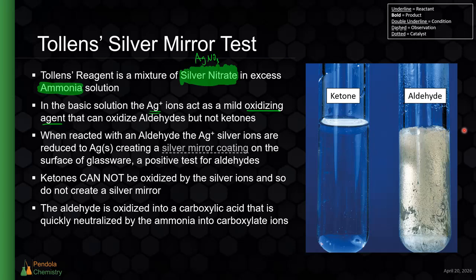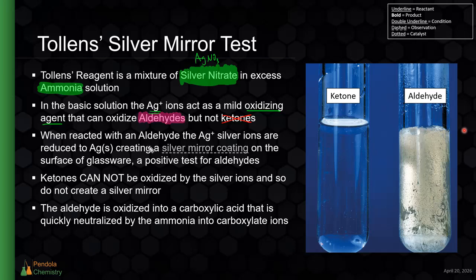When it comes to oxidation reactions, we know that aldehydes can be oxidized, because they can be oxidized into carboxylic acids, as we saw with the alcohol chapter and earlier in this chapter. But ketones cannot be oxidized. Ketones have no further oxidation, which is also the reason why we don't need to distill them when we're oxidizing alcohols. Because ketones don't further oxidize, silver cannot oxidize a ketone, but it can oxidize an aldehyde.